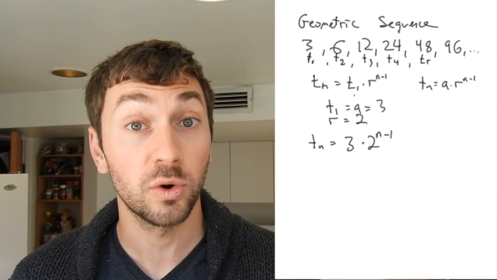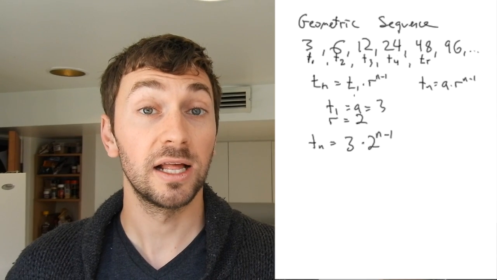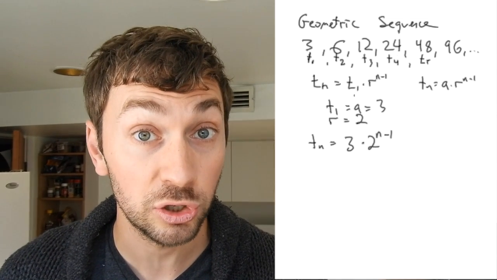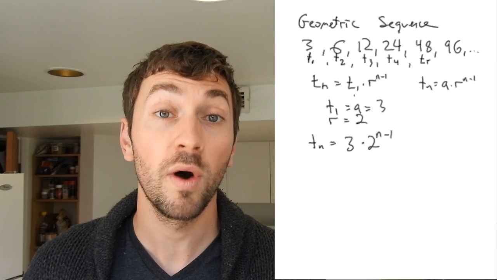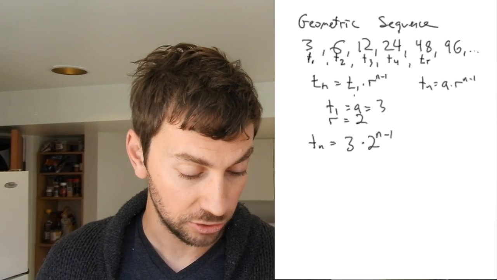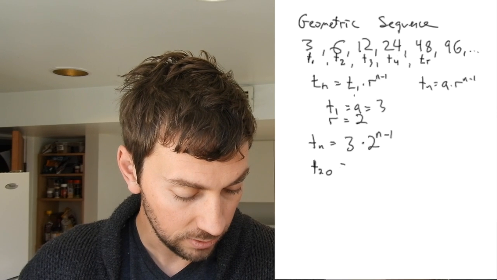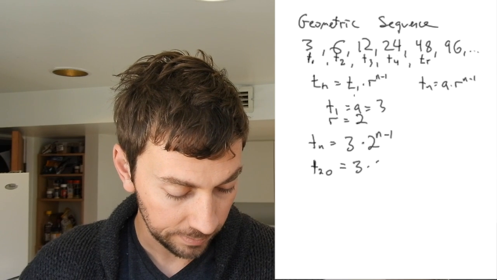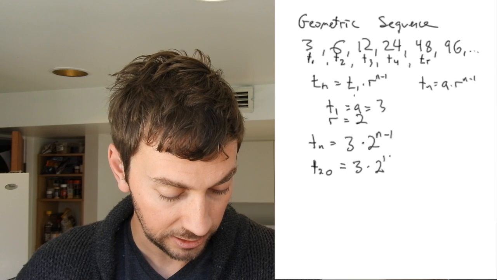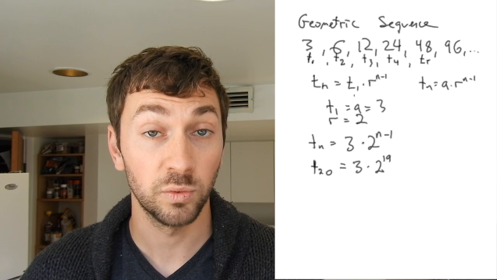Okay, so using this equation, I could calculate, let's say, the 20th term of this. If I wanted, I could just keep timesing by 2, or I can use this formula. So T20 equals 3 times 2 to the power of 19. That's n minus 1.